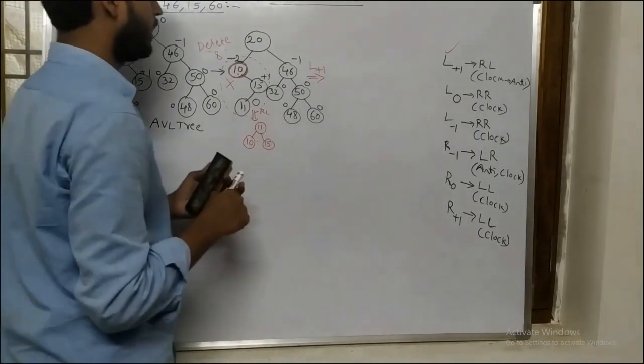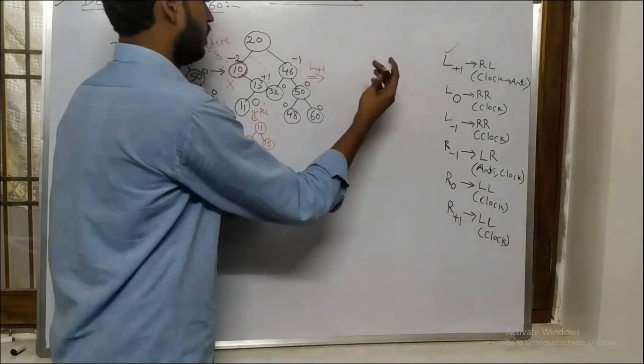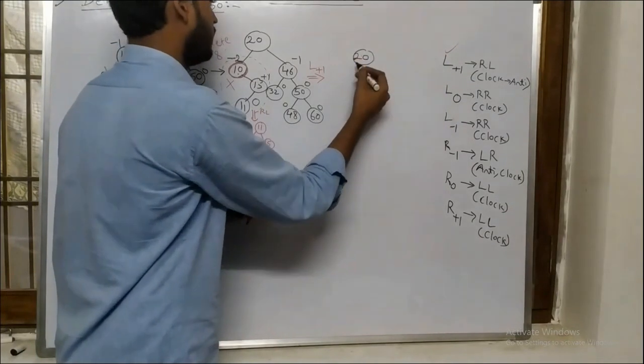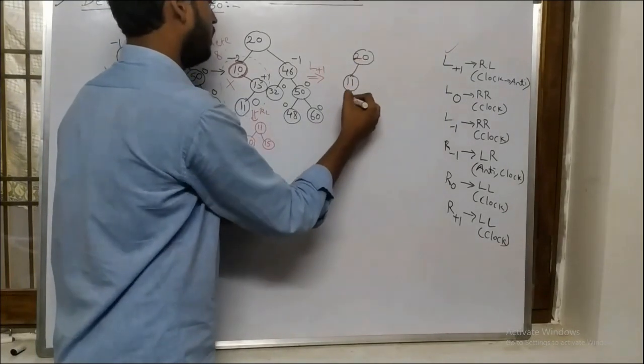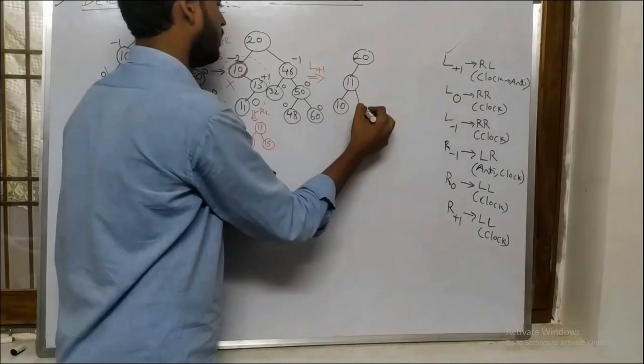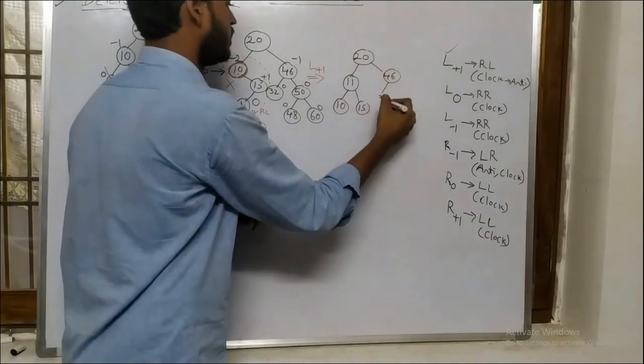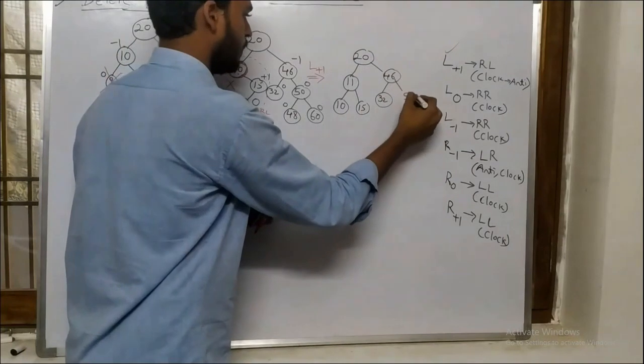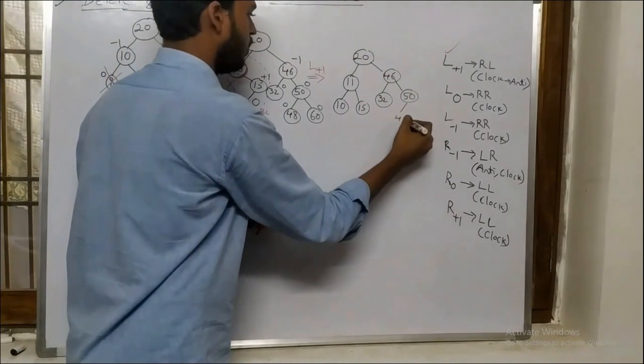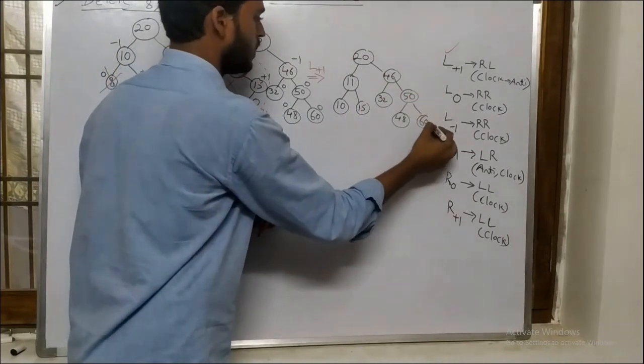So I'm writing directly: 20, 11, 10, 15, 46, 32, 50, 48, 60.